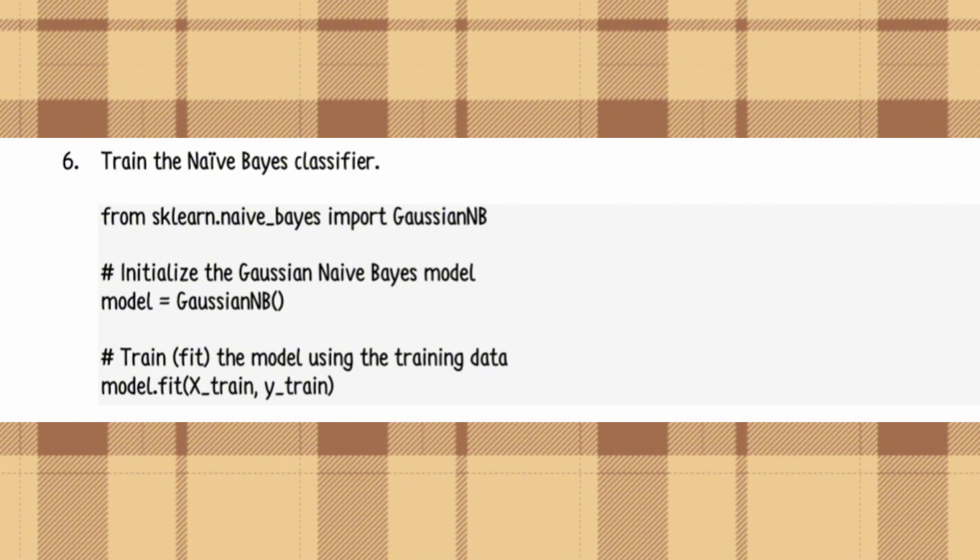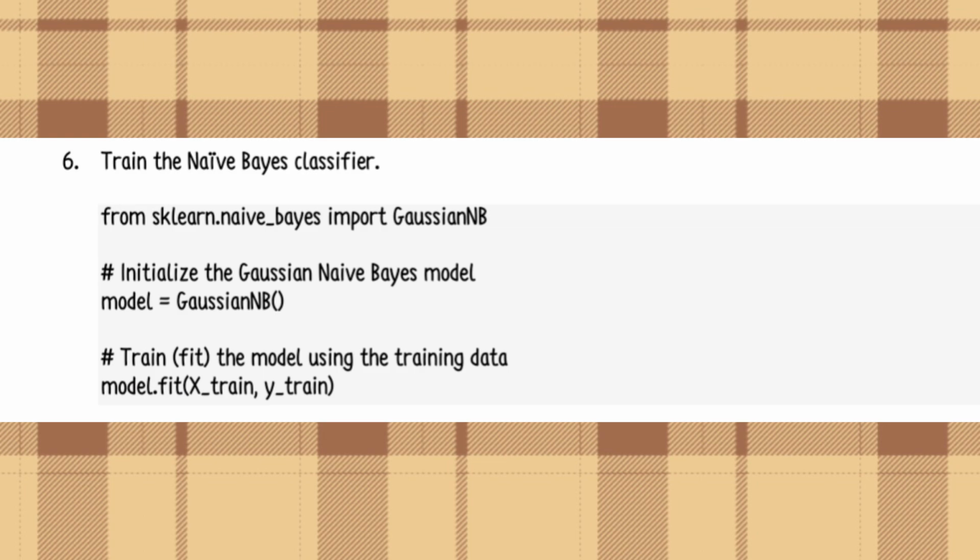In essence, this code segment performs the following. It prepares to use a specific type of naive Bayes algorithm. It creates an empty learner based on that algorithm. It then feeds the training data, X_train and y_train, to this learner, allowing the model to learn the relationships between the features and the target variable.